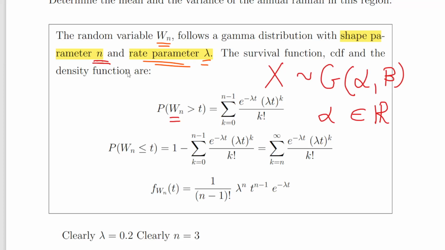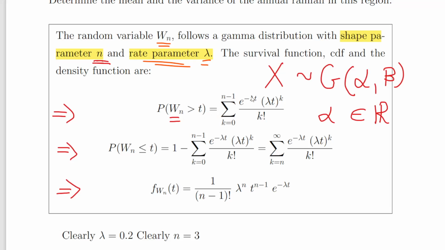The reason that formulation is important is that these specifications of the survival function, cumulative distribution function, and density function all rely on n being an integer so that it is tractable. When alpha is not an integer, it's very difficult mathematically to come up with closed form solutions. So we rely on the fact that n is an integer.